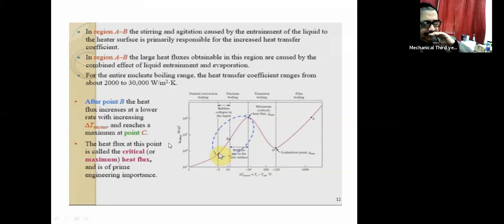As you can see, the heat flux is increasing all the time, but the rate is lower after this point B, and it reaches the maximum. After that, heat flux reaches this particular point, that is C. It reaches a maximum point.